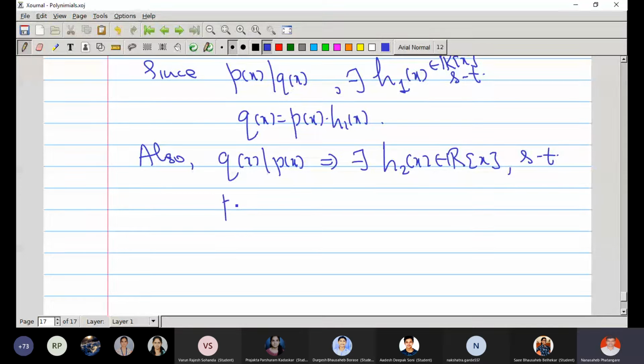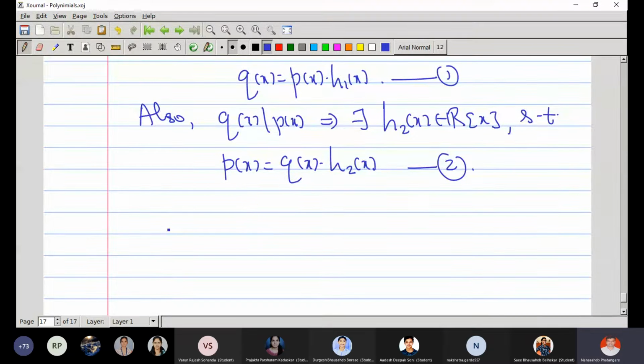So from this 1 and 2, therefore q(x), by 1, q(x) is p(x) into h1(x), and by 2, p(x) is q(x) into h2(x), so p(x) is equal to p(x) into h1(x) into h2(x).